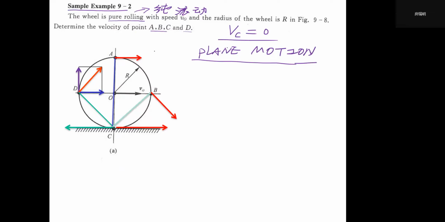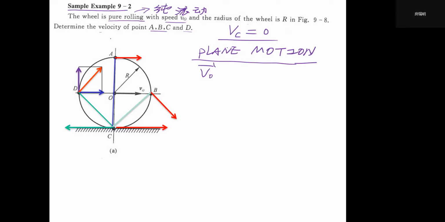So we know this geometrical center O has a velocity of V0. Here it does not tell us this V0 is uniform. So we should first select point O as the pole, as a reference point, right?